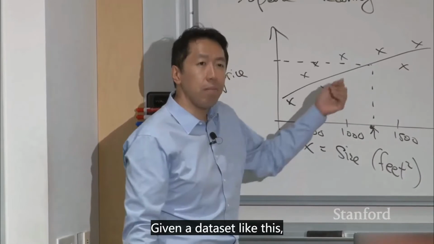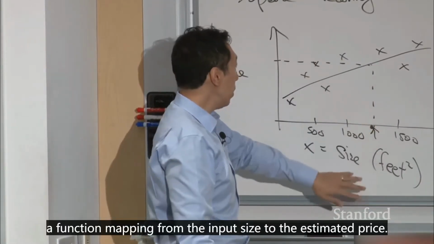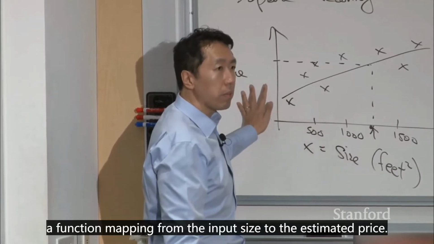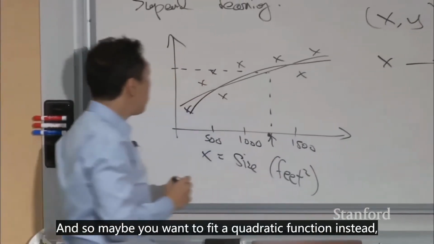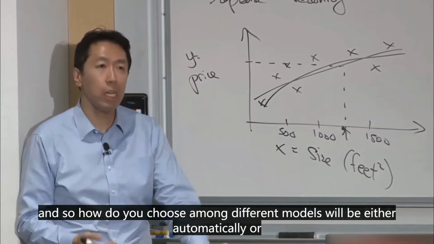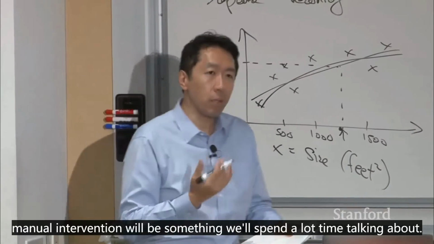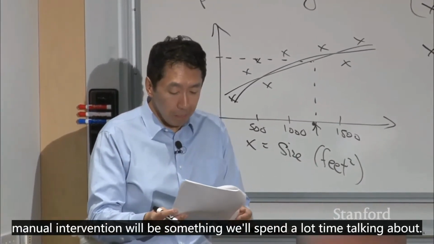Given a data set like this, there are many possible ways to learn a function mapping from the input size to the estimated price. Maybe you want to fit a quadratic function instead. Maybe that fits the data a little bit better. How you choose among different models, whether automatically or with manual intervention, is something we'll spend a lot of time talking about.